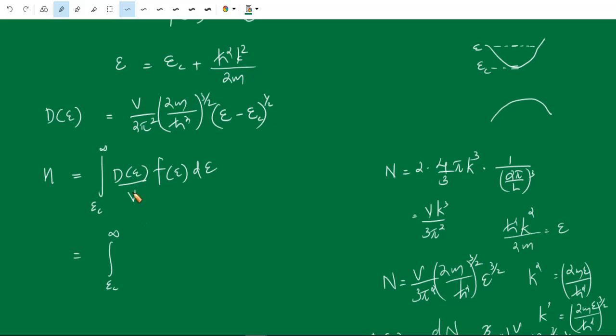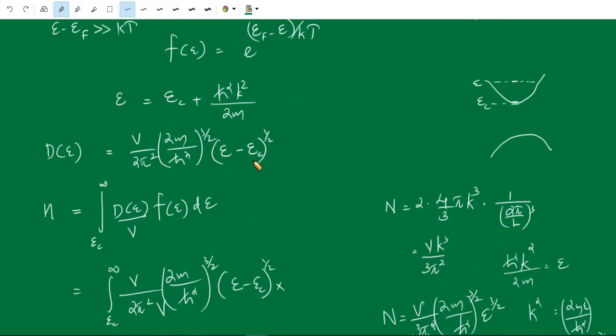Okay, so this will become integral EC to infinity, d of E is V by 2 pi square, divided by V will be there, into 2m by h cross square whole raised to 3 by 2, (E minus EC) whole raised to half, into f of E, the probability, e raised to (EF minus E) divided by kT, into dE.